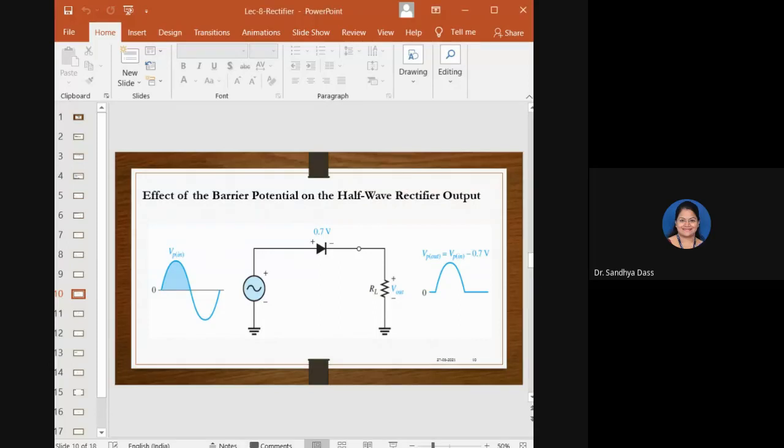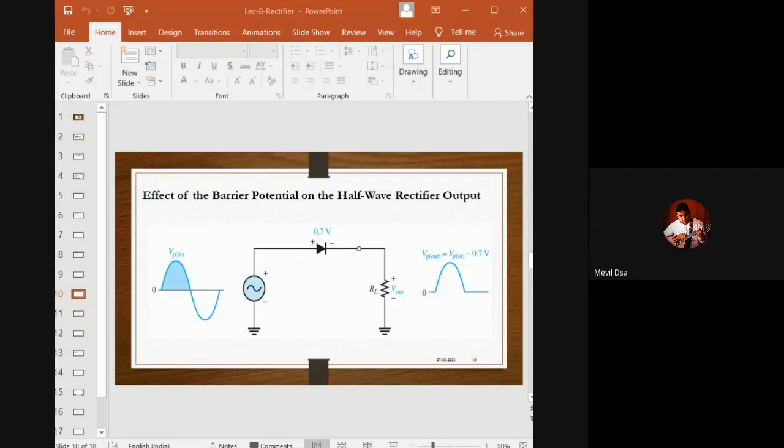Ma'am, the voltages get distributed in a series circuit. Not very precise, Ashwija. Can anyone else try? Because the diode requires 0.7 volt to conduct. Correct.